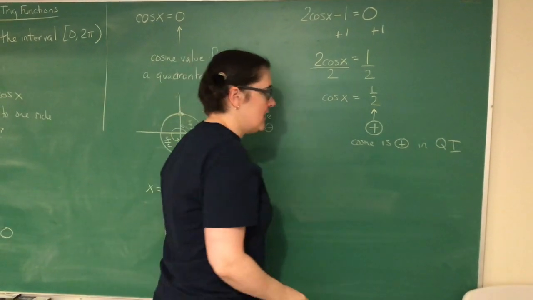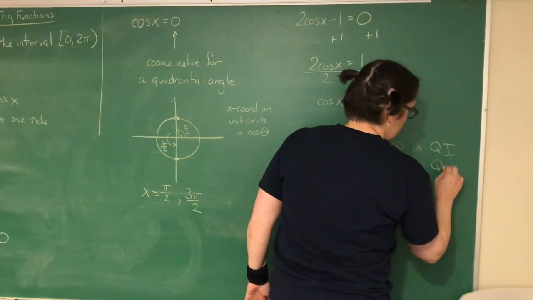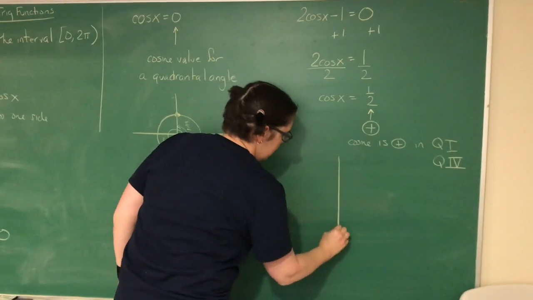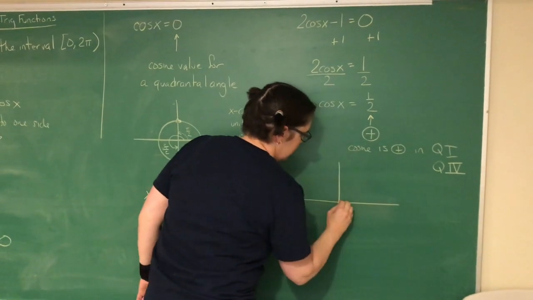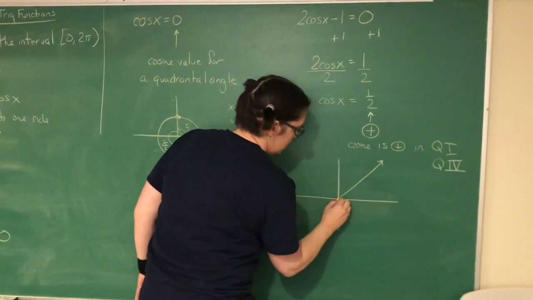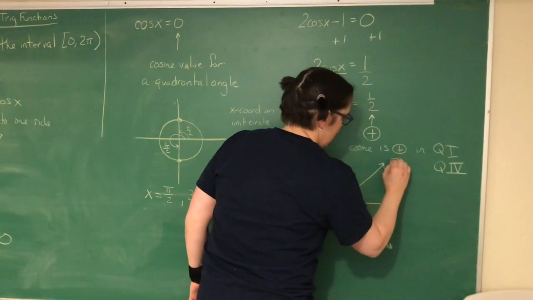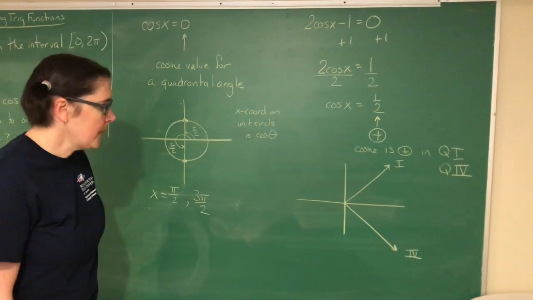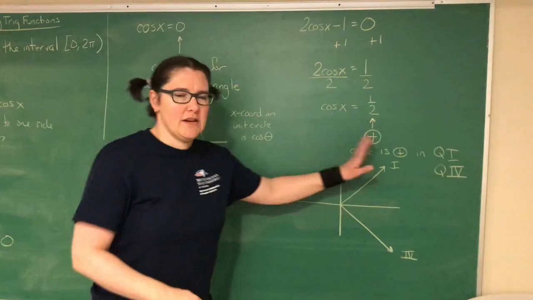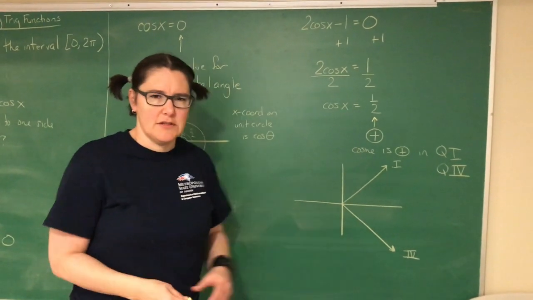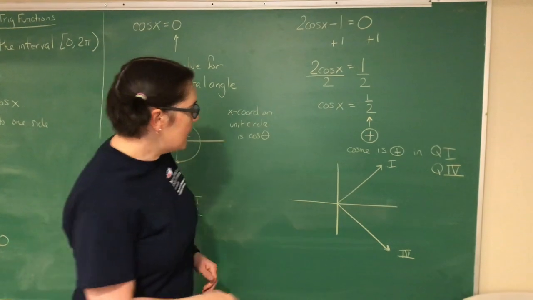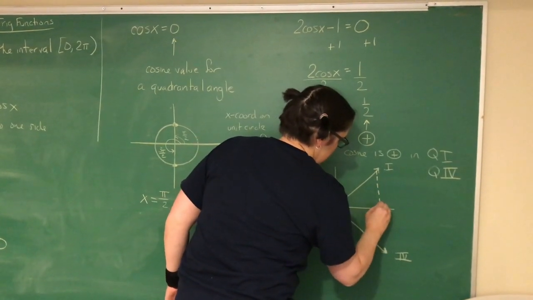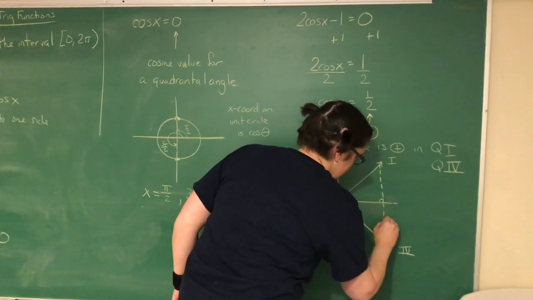So cosine is positive in quadrant 1 and quadrant 4. So we are going to be looking for one angle in quadrant 1 and one angle in quadrant 4. I don't know what those angles are, so I've just kind of drawn a random angle pointing in there. It's just to give me a picture. Okay, so now I'm going to create my reference triangles in both of these quadrants.